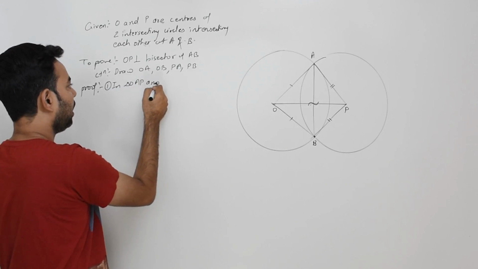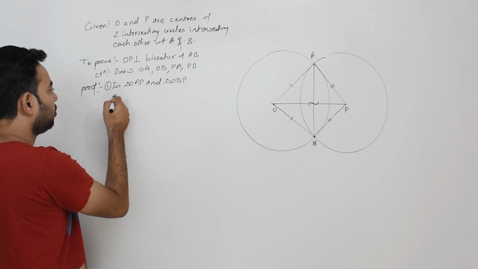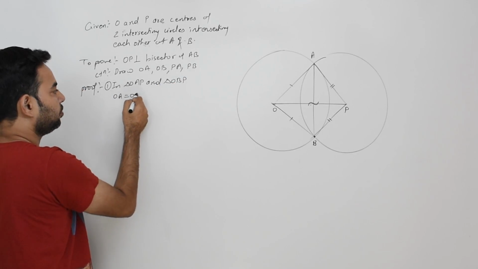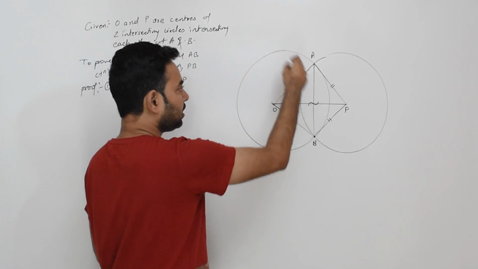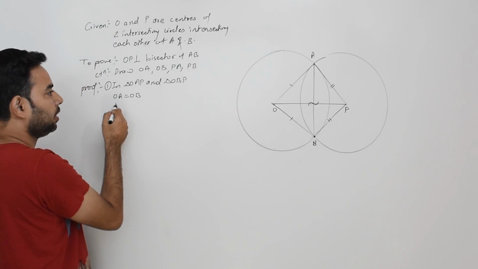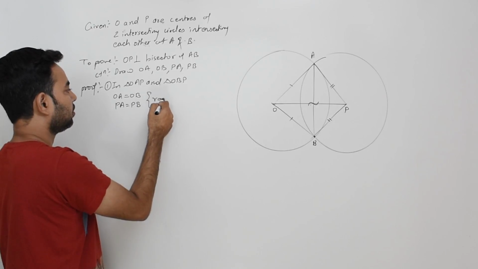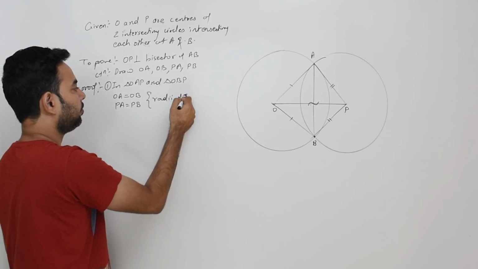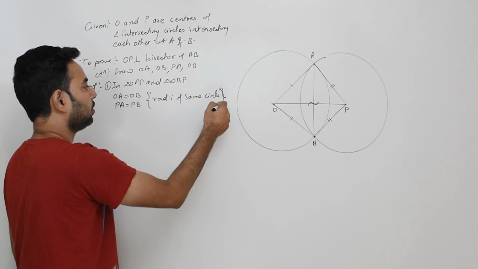So in triangle OAP and triangle OBP, OA is equal to OB because they are radii of the same circle. Similarly, PA equals PB, radii of the same circle.